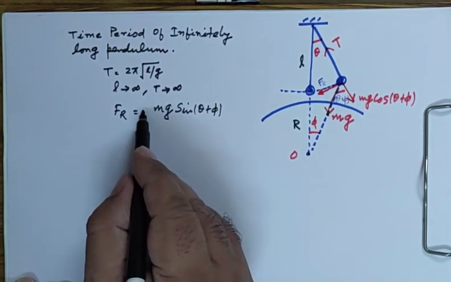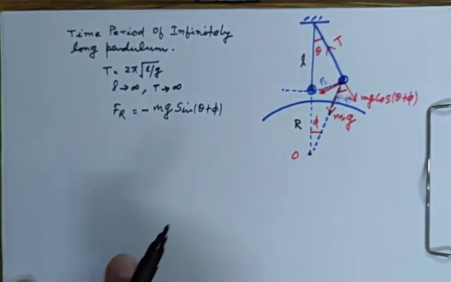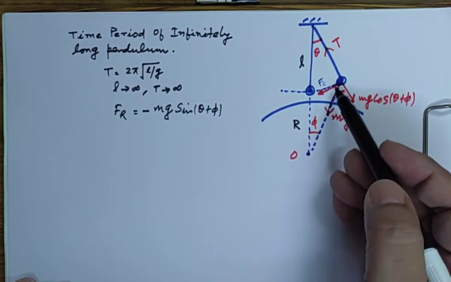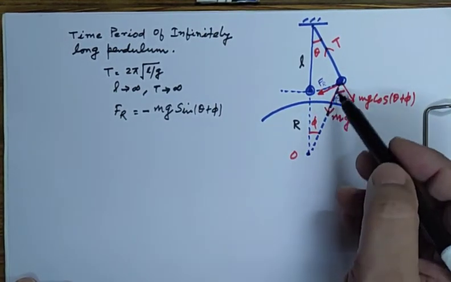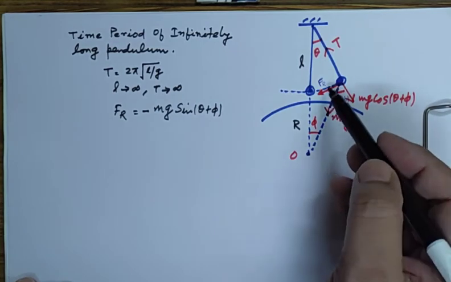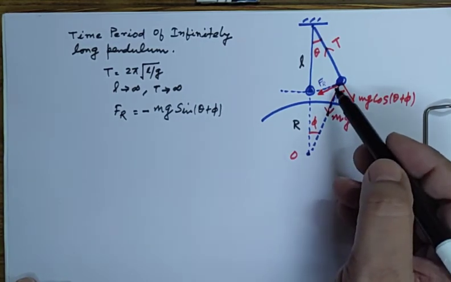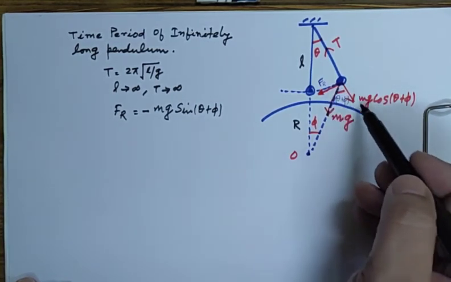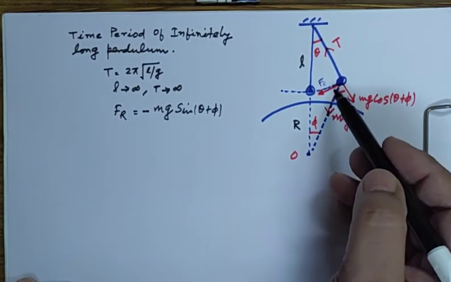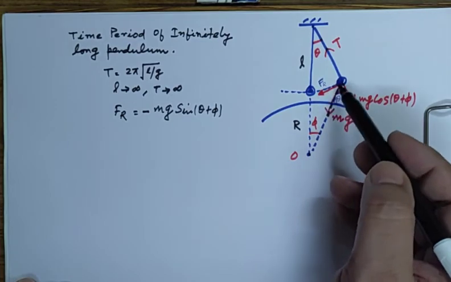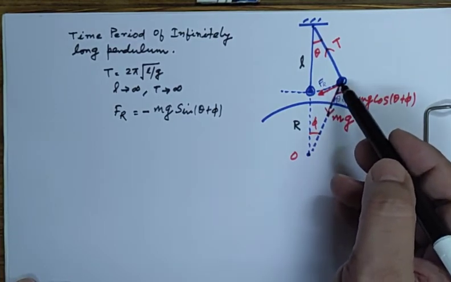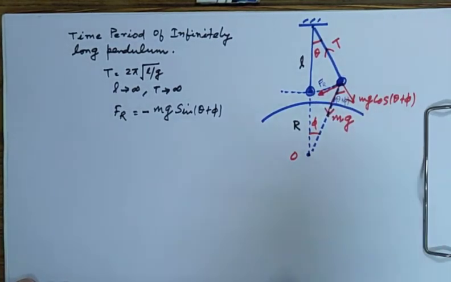I am putting a negative sign here as this force is a restoring force. Very simple: the weight mg is divided into two components, mg sin(θ+φ) and mg cos(θ+φ), and mg sin(θ+φ) is responsible for restoring the pendulum to its mean position.